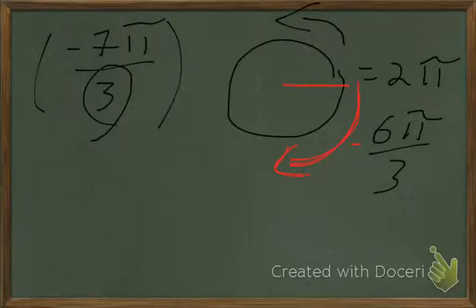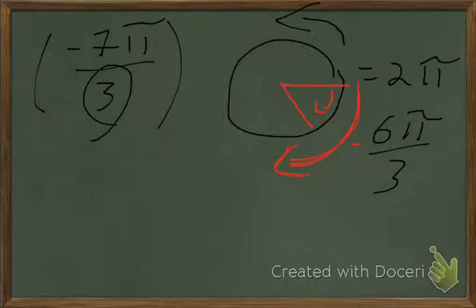But we're not all the way to 7 pi over 3, so we need to take it 1 pi over 3 more this way until we hit 7 pi over 3. Now 1 pi over 3 this way is the same as looking at the 5 pi over 3 angle.